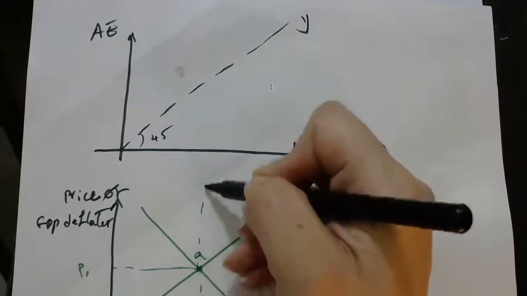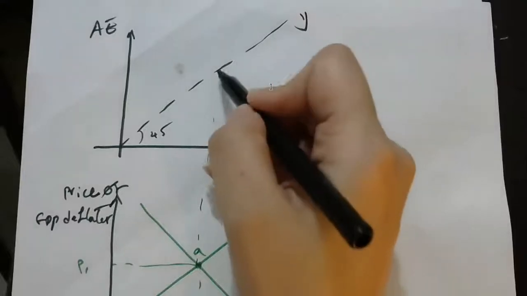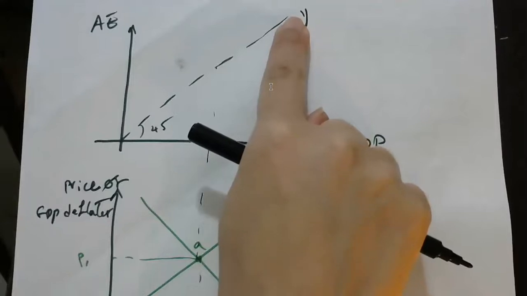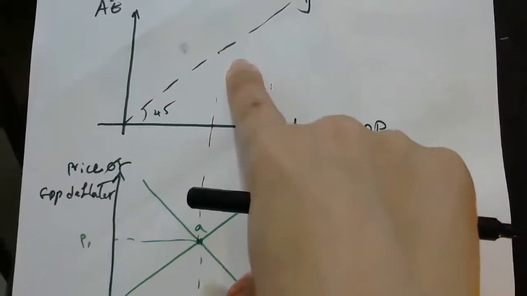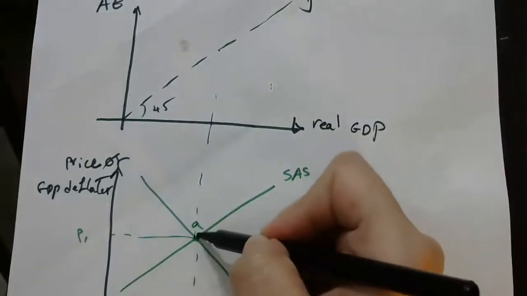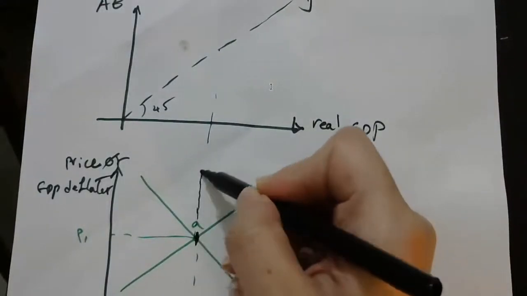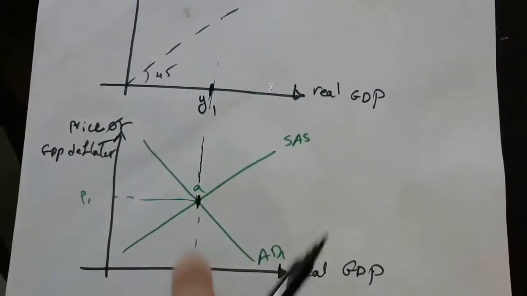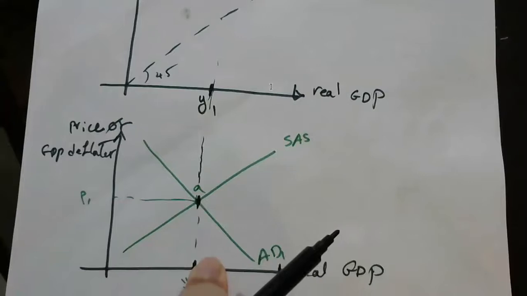We know that whenever I draw aggregate expenditure, the intersection between it and this line is my equilibrium. Since both of them are illustrating the same thing, I have to make sure that the equilibrium is happening at the same GDP level. So I bring it up from here, and you can see that I'm keeping the same level of GDP in both graphs.